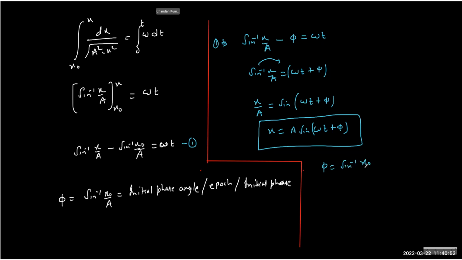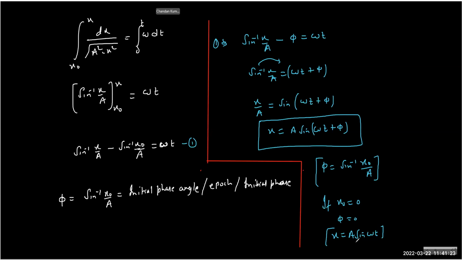So phi is related to the initial position upon a. If you start from the origin, if x naught is 0, then phi also becomes 0. Therefore, the answer simply becomes x equals a sine omega t. So phi gives you the idea about where you started. You may start from the origin, from the extreme position, or in between origin and extreme.